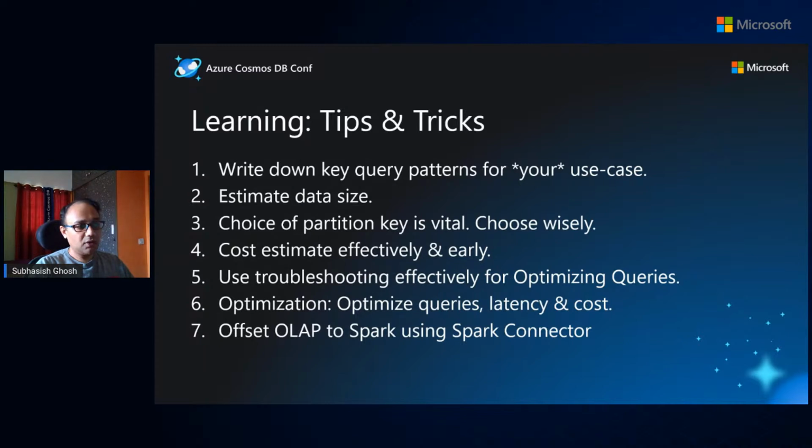If there are large-volume OLAP workloads, it's always good to offload them to Spark using the Spark connector and process them there. That's something you should be aware of and take away from here.